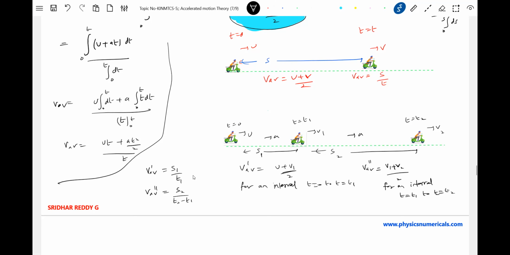Either of the formulas you can apply, you'll get the same answer. I think this will be much easier of all. If you know the velocity, what is the average velocity in this interval of time? V1 plus u by 2. What is the average velocity in this interval of time? V2 plus V1 by 2. Problem solved.